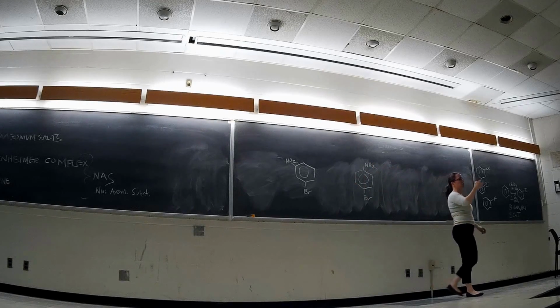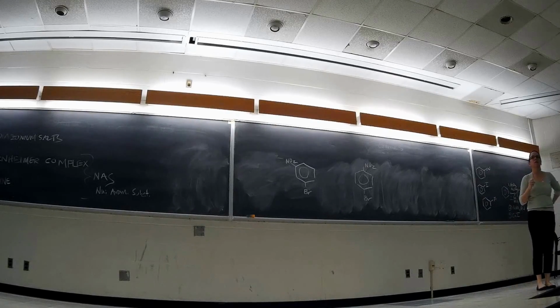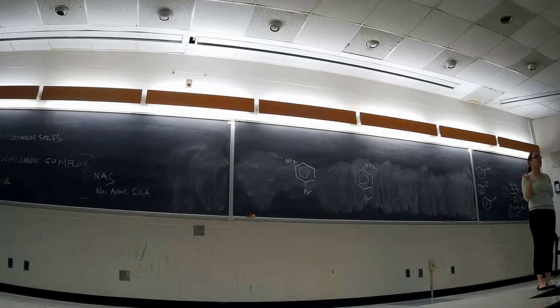What is my change? My change is meta versus para, but let's back up. Generally, it's the addition of a nitro group, right? And the nitro group, is this going to make nucleophilic aromatic substitution easier or harder?